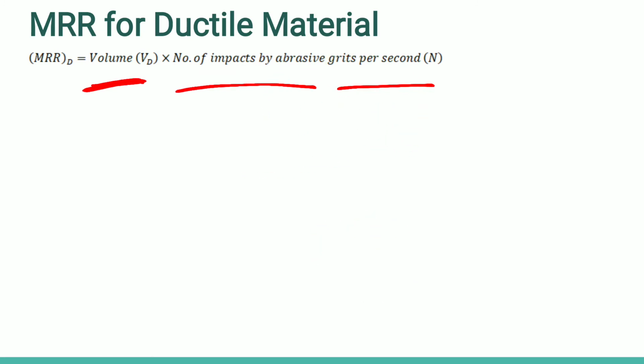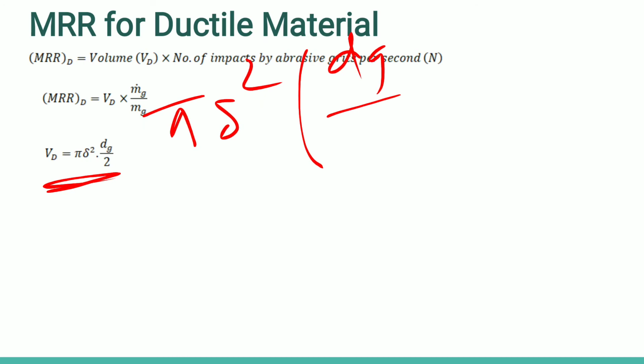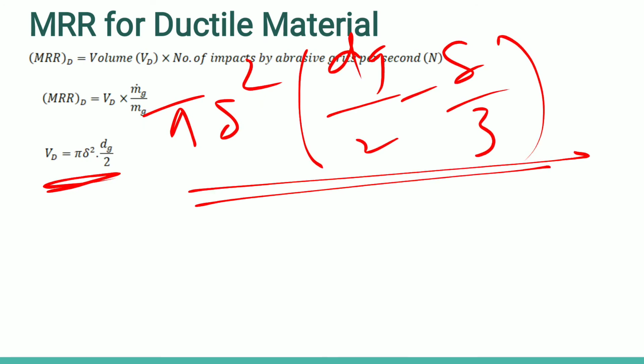So this will be equal to Vd into m dot g upon mg. The volume in case of the ductile material we calculated, that is pi into delta square into dg by 2 minus delta by 3, as I told you in the last video.